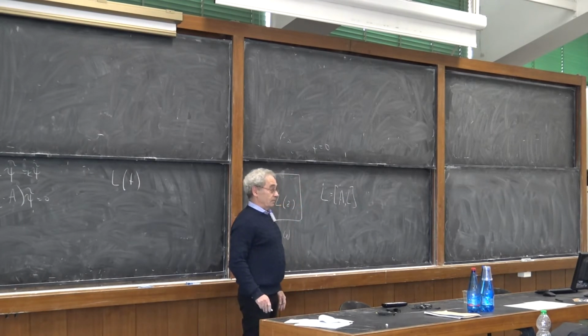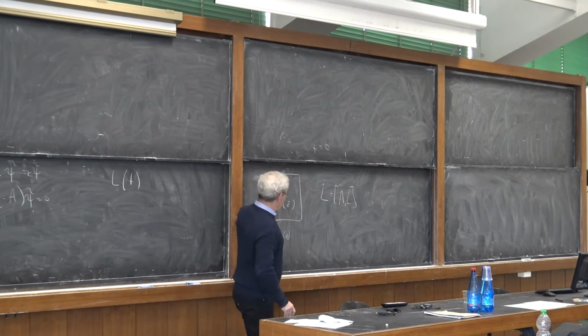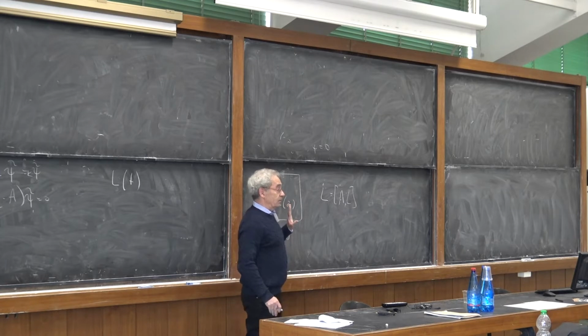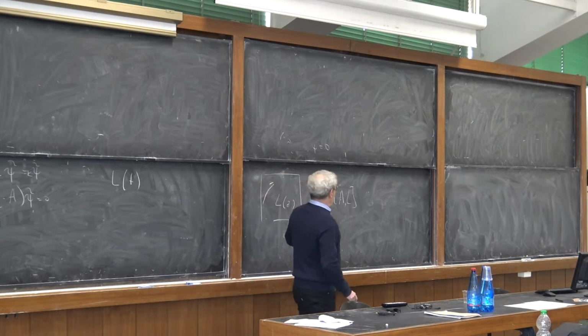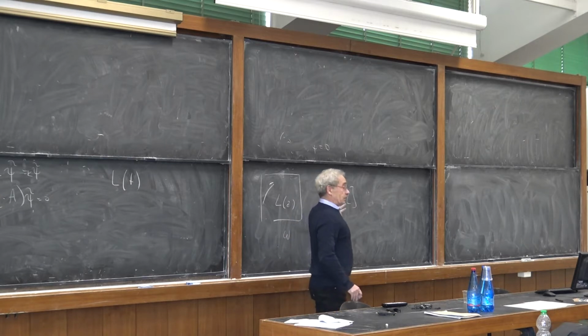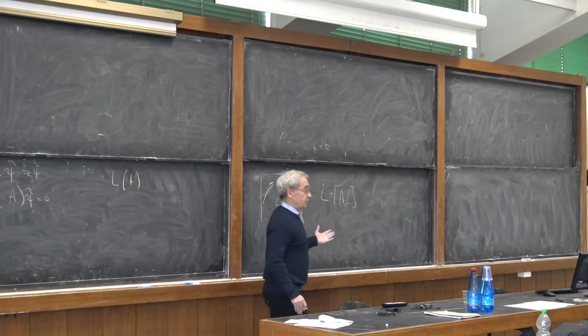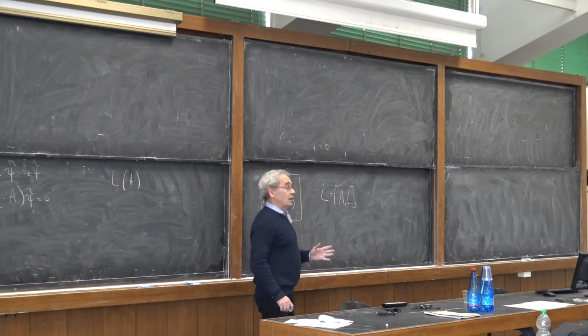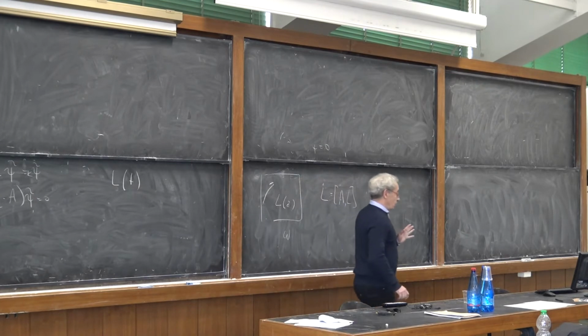So I'm going to introduce a certain two form on a space of L's, which turns out to be symplectic. With respect to this form, all these Lax equations are Hamiltonian. So I want to begin with the definition of some two form on a space of L.